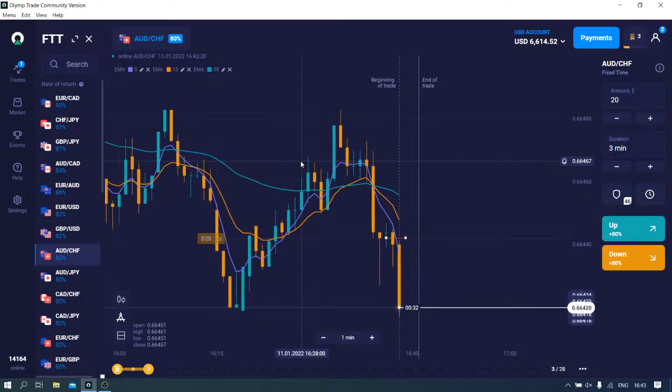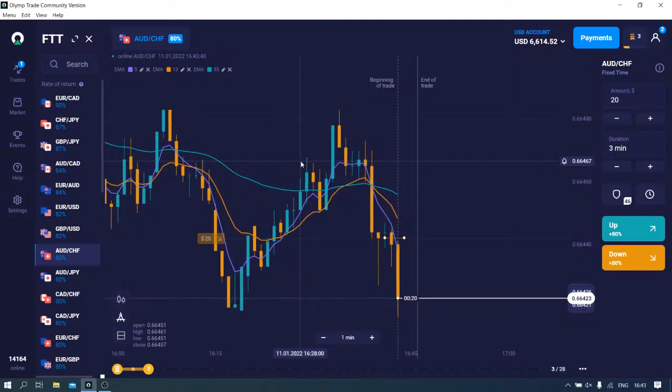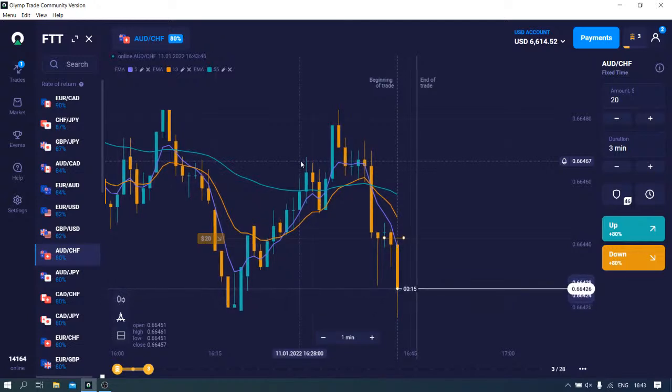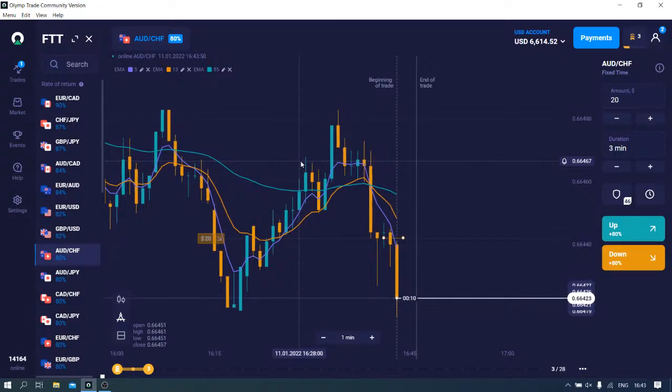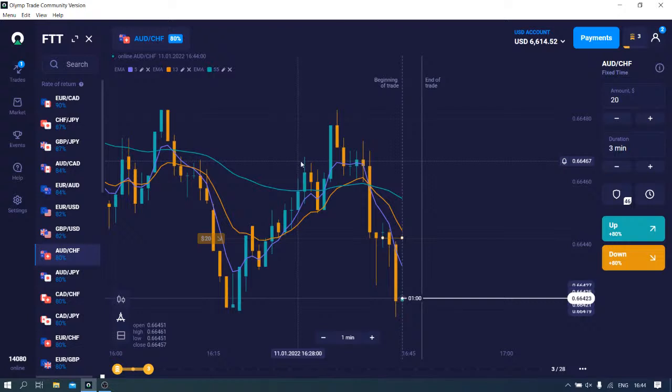Okay, how to predict the next candle? There is a certain part of the education on that. There are teachings on how to use candlestick patterns, in order to identify a pin bar or some other candlestick formation, and be able to predict the next candle color.